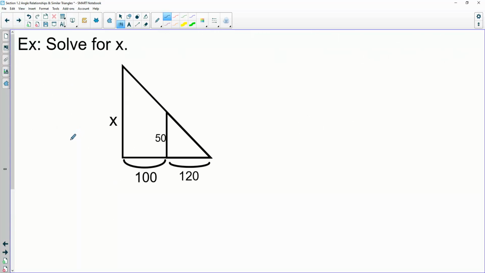Last one, solve for x in this picture. How many triangles are in this picture? 2. We have this big triangle and this small one. Right? It can be helpful if you wanted to draw them separately.